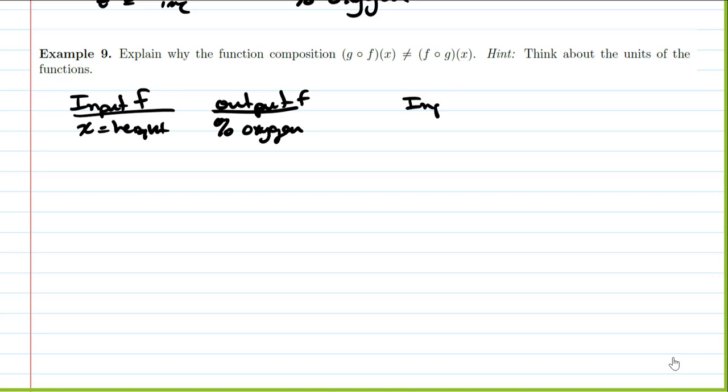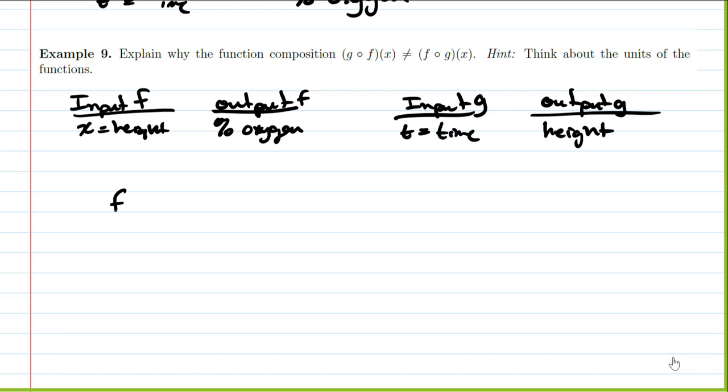And our input for g was a t, which was a time, and our output of g was a height.